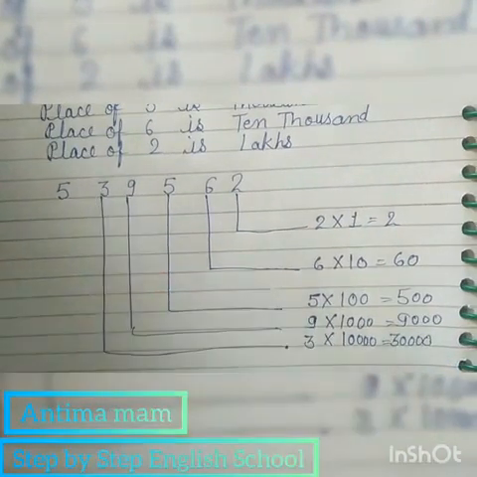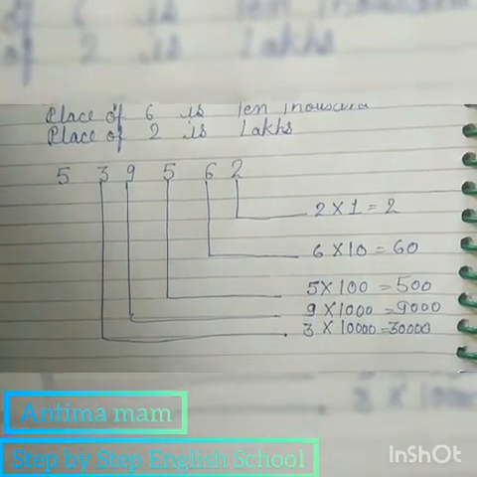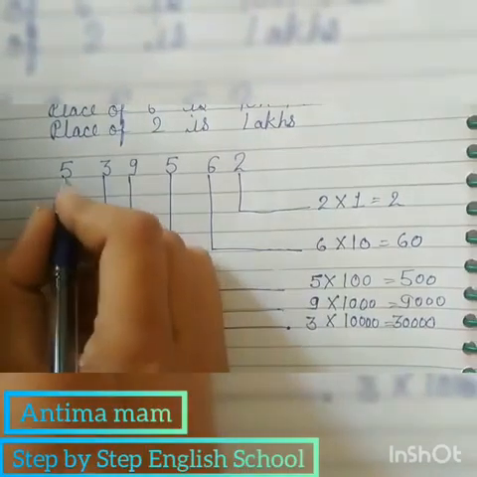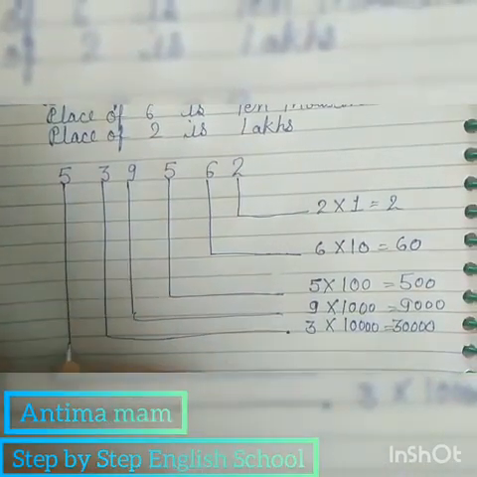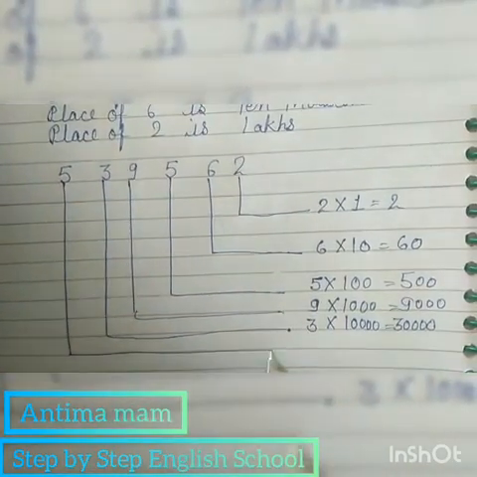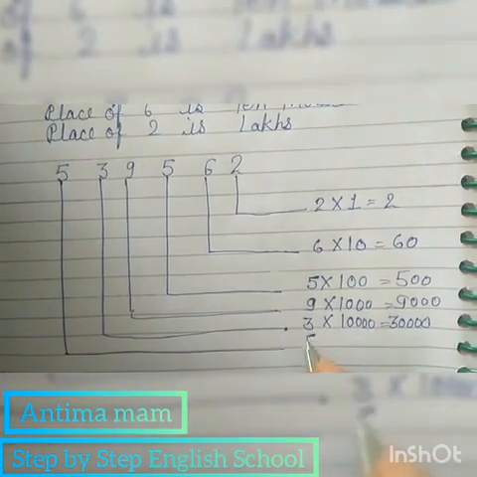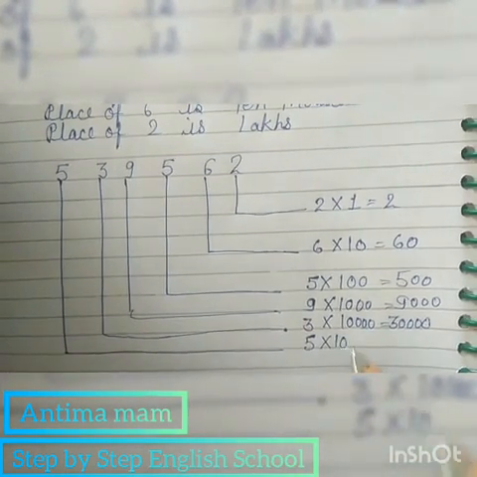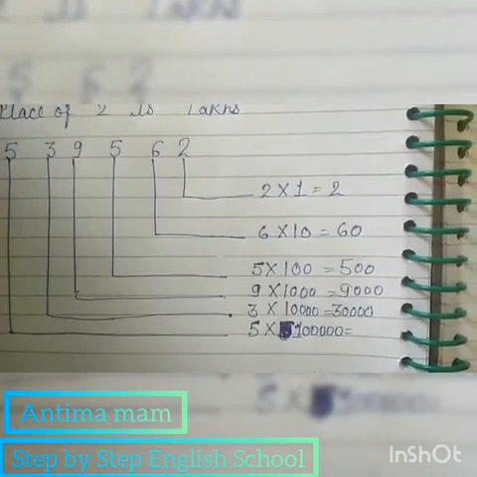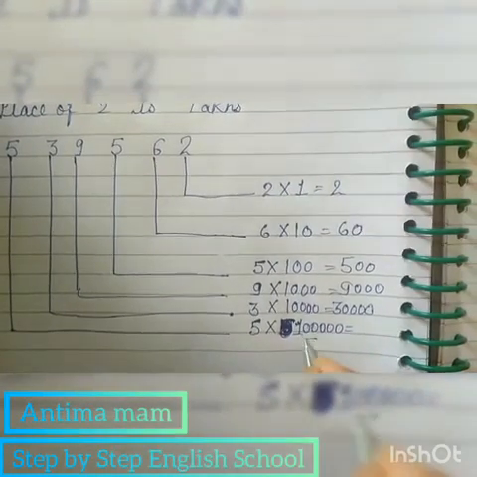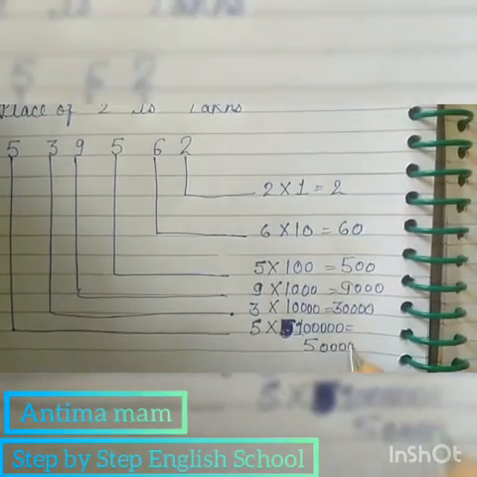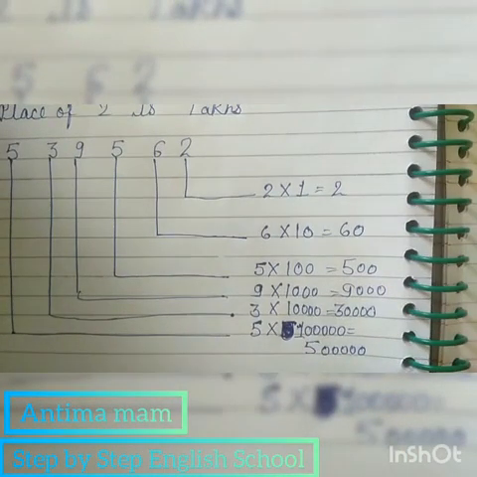Place value of 3 is 30,000. Next 5. 5 place is lakh, so 5 multiplied by 1 lakh is equal to 5 lakh. So we got place value of each number.